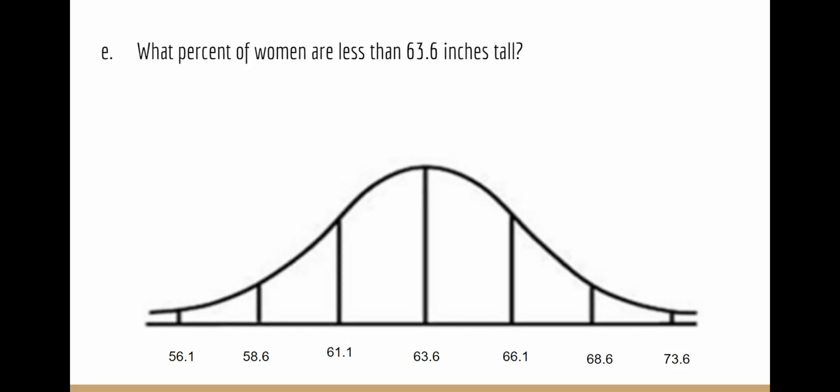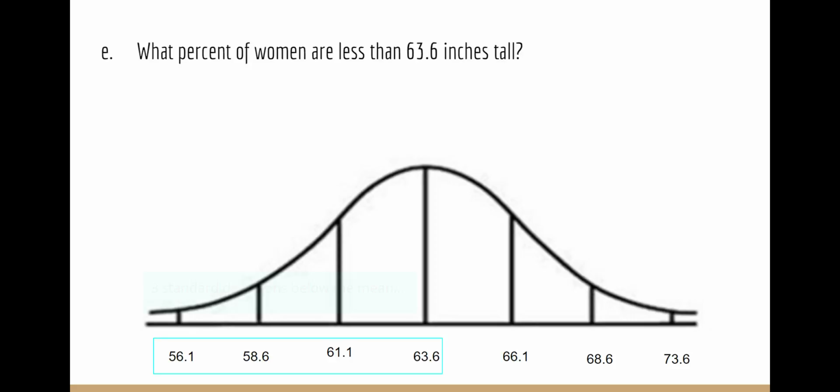E. What percent of women are less than 63.6 inches tall? 63.6 inches tall happens to be our mean. And every height below our mean basically just means that we are splitting our bell curve in half.